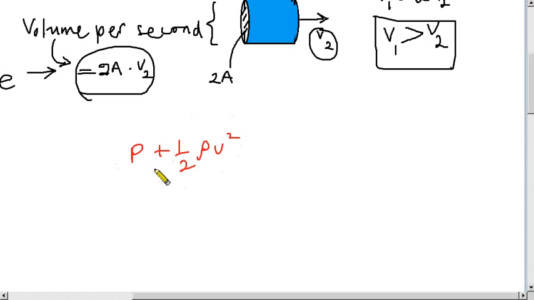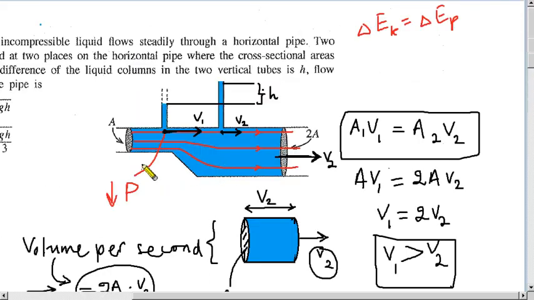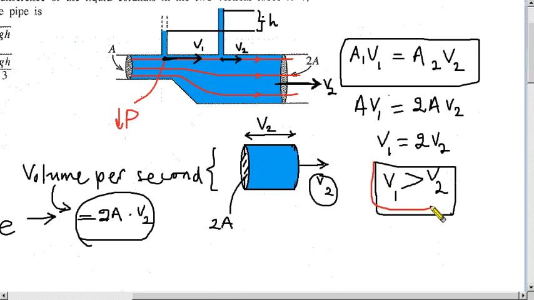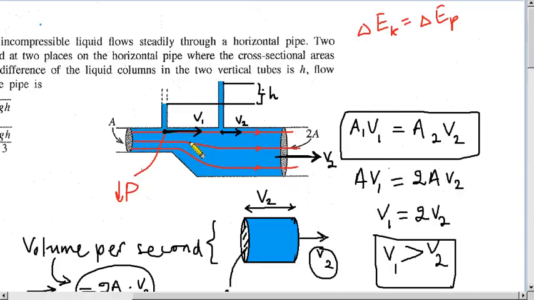Therefore in brief, we just keep in our mind: if the velocity increases, what happens at that place? The pressure decreases. The velocity we discussed earlier, V1, is greater than V2. So therefore V1 is greater than V2, so the pressure at this point, P1, must be lower.